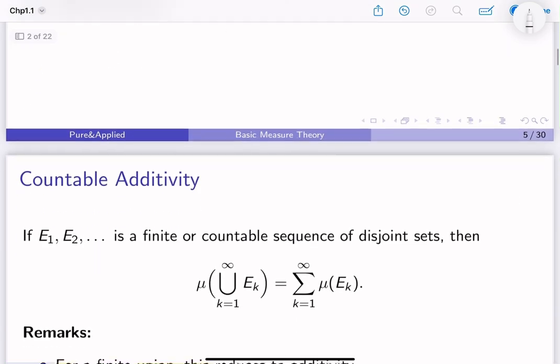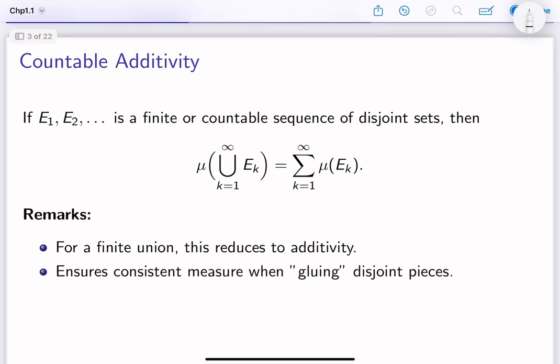So the first property that we need to satisfy is so-called countable additivity. And what that is, when we take the volume, I'm gonna keep interchanging these words, volume and measure, because we're gonna see they essentially mean the same thing in R to the n.